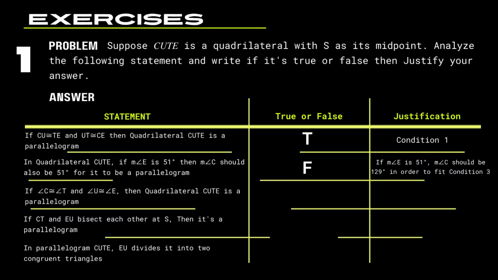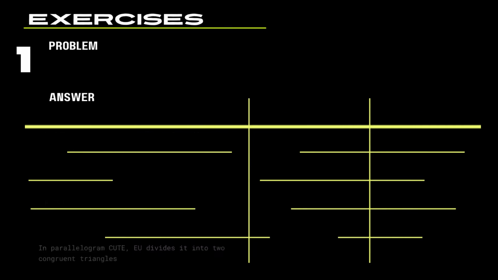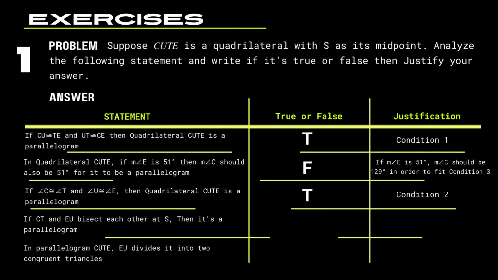And we know that according to condition 2, a quadrilateral is a parallelogram if both pairs of opposite angles are congruent. Therefore, statement 3 is true, with condition 2 backing it up for justification.